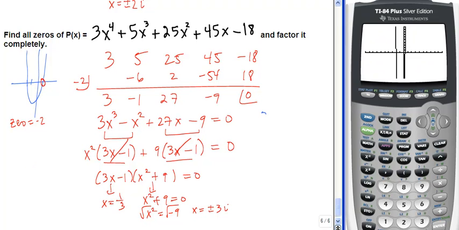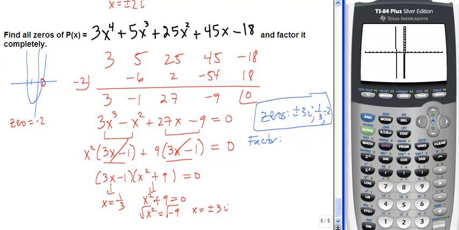So my zeros are going to be plus or minus 3i, 1/3, and don't forget that negative 2 that we started with. And there's 1, 2, 3, 4, and this was a degree 4 polynomial, so we have all 4 zeros that we were looking for. Let's factor it, and then we're all done.